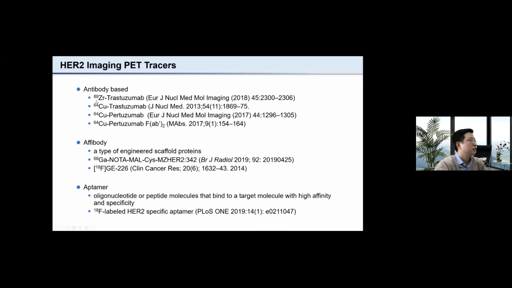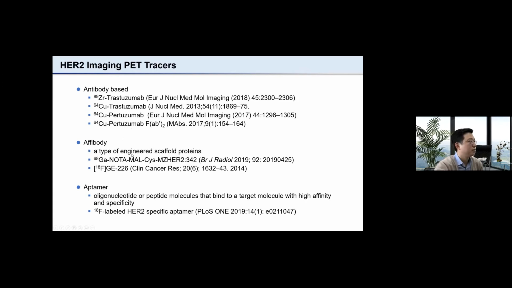So zirconium-89 labeled trastuzumab and copper-64 labeled one, or copper-64 labeled pertuzumab, and some antibody fragments like F(ab')2 are used for the HER2 imaging. And also there are other types of tracers, including Affibody and aptamer.